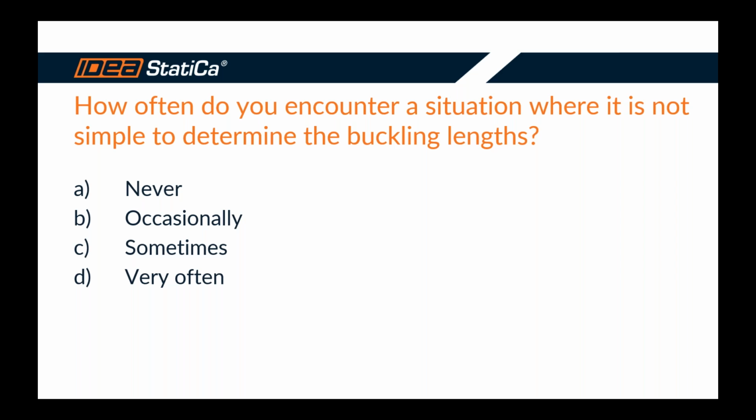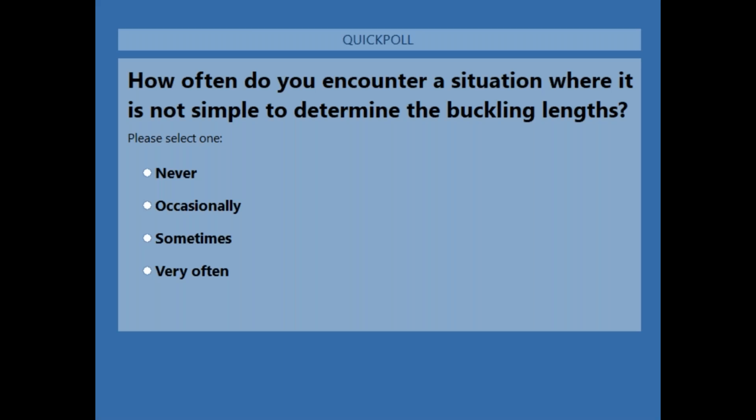So how often do you meet these uncertainties in your job? So never, occasionally, sometimes, or very often or daily. So the voting is in progress. All right, I see you voting.